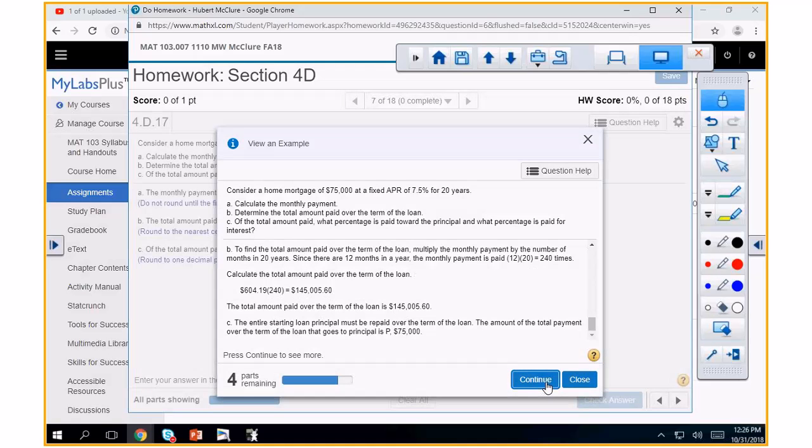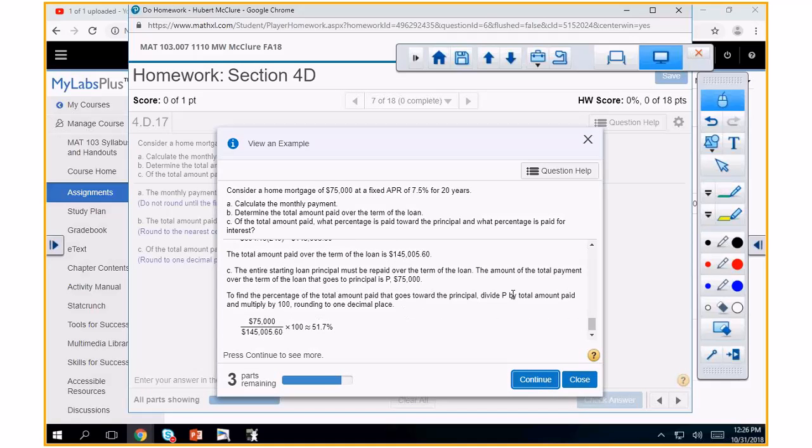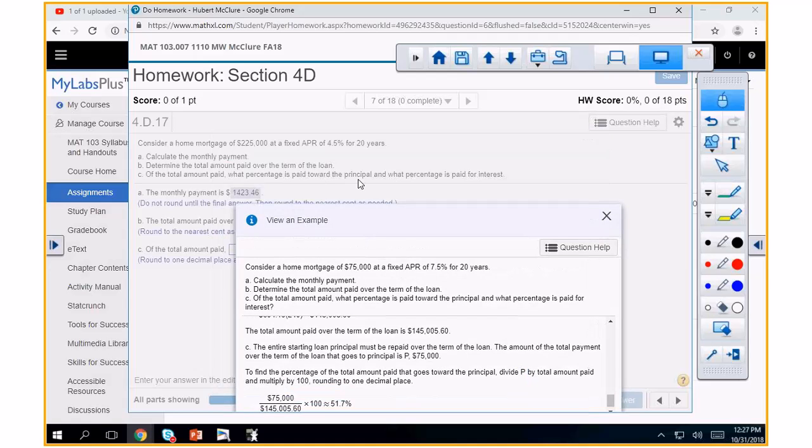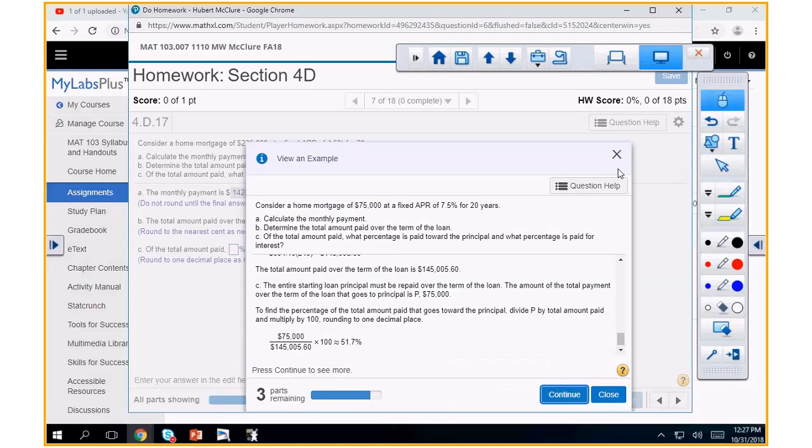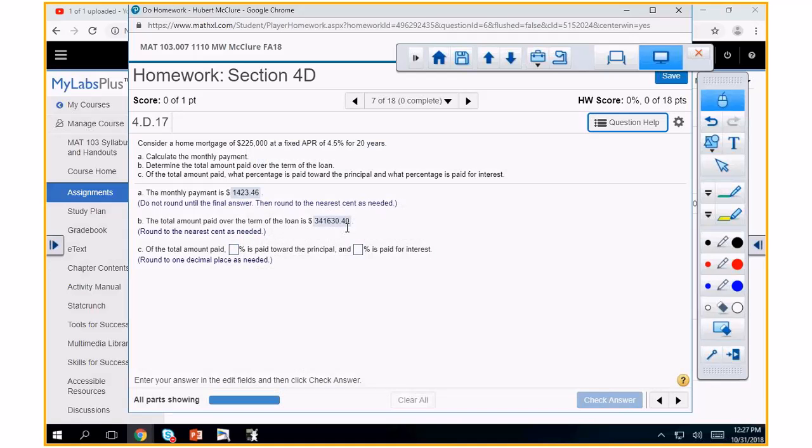You take the difference. To find the total percentage amount, you take the money that you borrowed, $75,000, and you put it over the total that you bought, or the total that you paid for. So in our case, it would be $225,000 over what? Over that. So somebody do that for me.